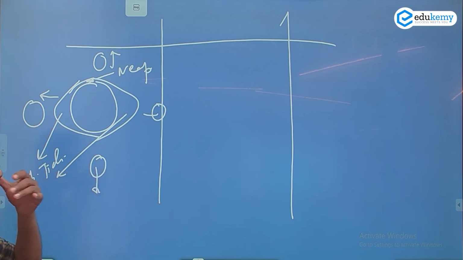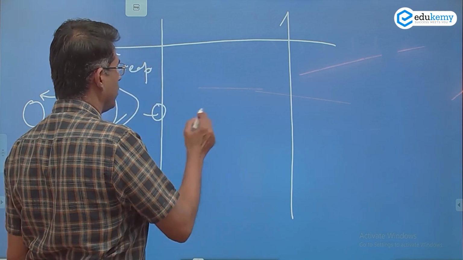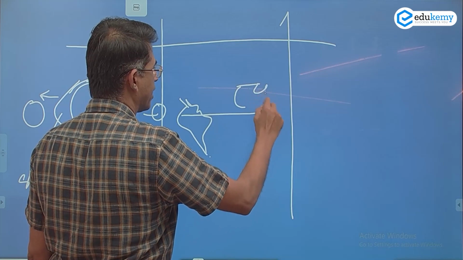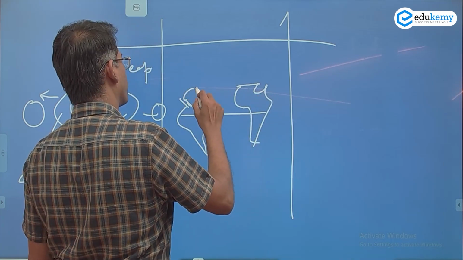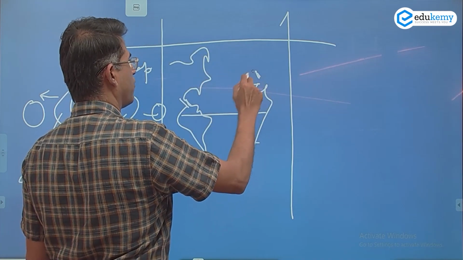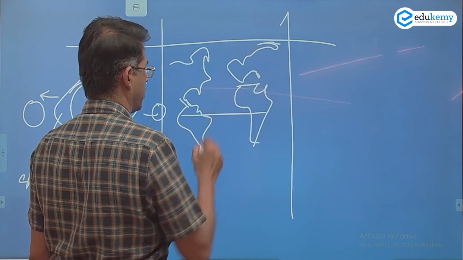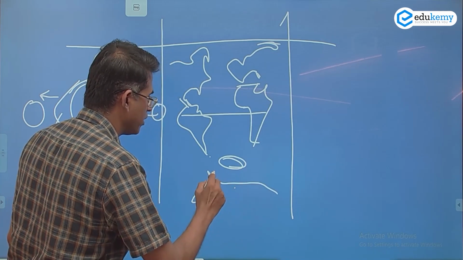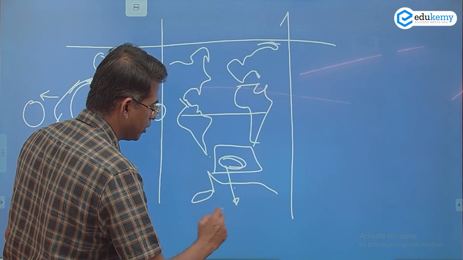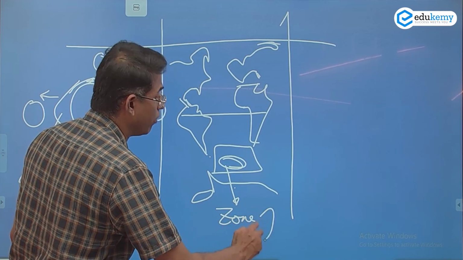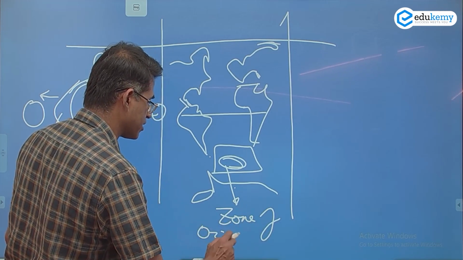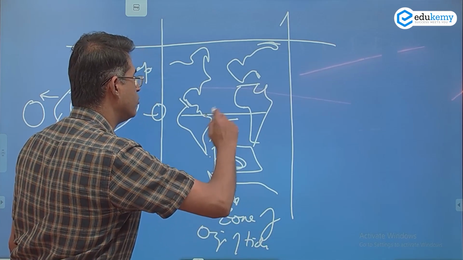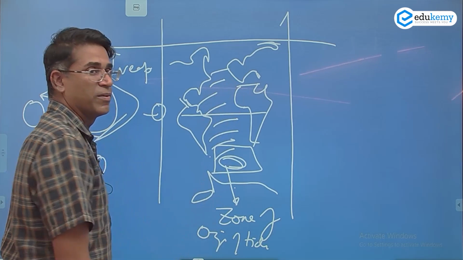Okay, here you can show the southern waters of the Atlantic Ocean, and say that this is Antarctica. This is the zone of origin of tides, and from here the tides are moving west and northwards.